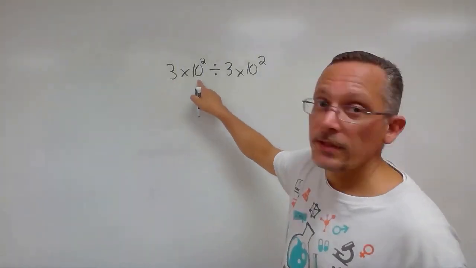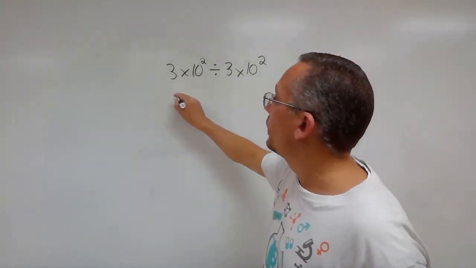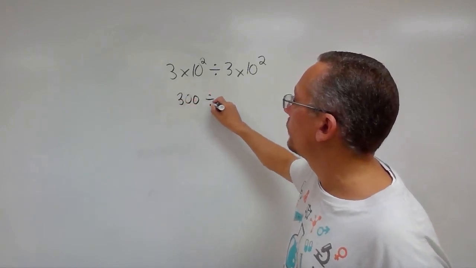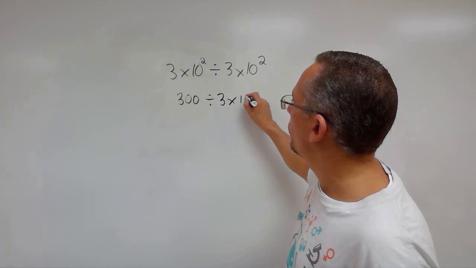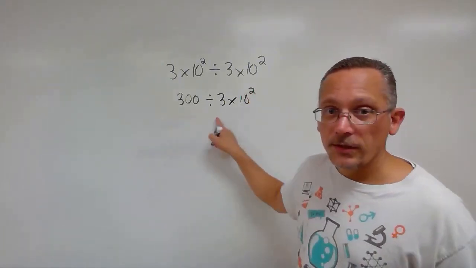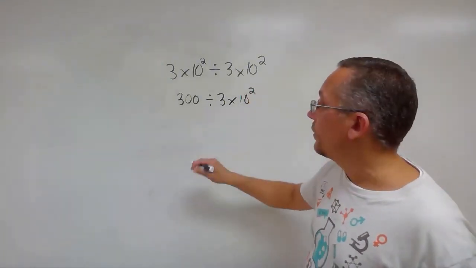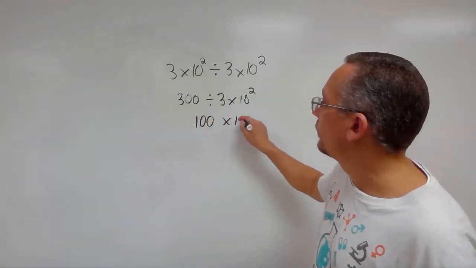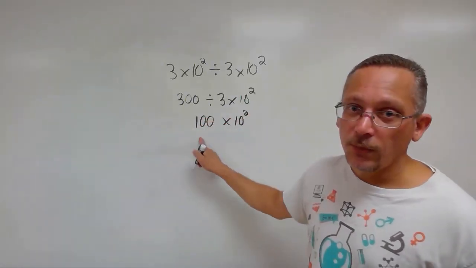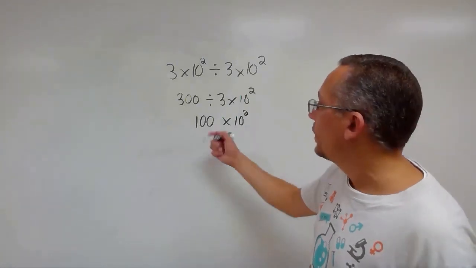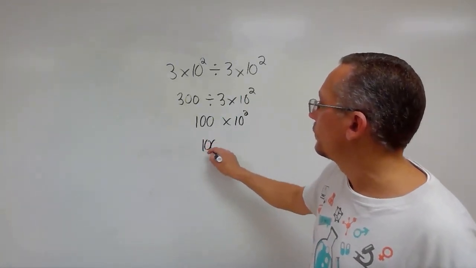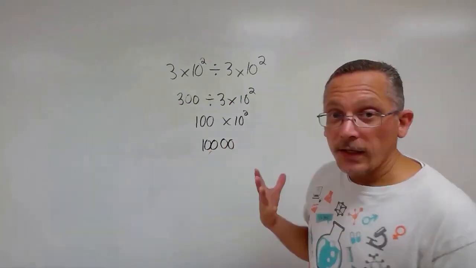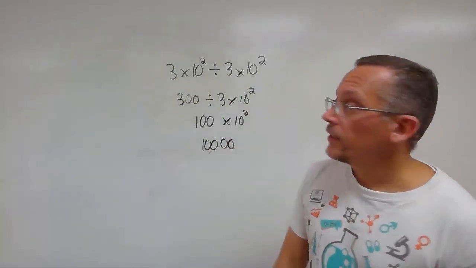So it's going to do 3 times 10 to the 2, and get 300, and then it's going to do 300 divided by 3, and get 100. And it's going to do 100 times 10 to the 2 and get 10,000.